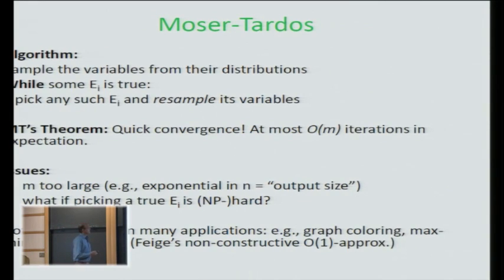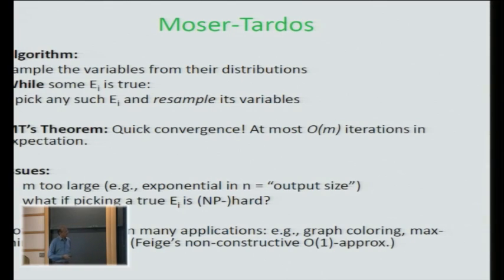So initially sample all the variables x_i from their distributions, of course independently. And while at least one bad event is still true, pick one of them arbitrarily and just resample its variables. Suppose E_i depends on x1, x5 and x8, just resample them independently from their marginals, that's it. This is the whole algorithm.